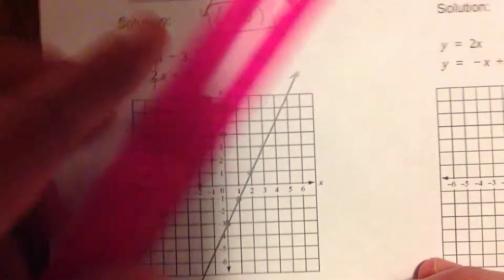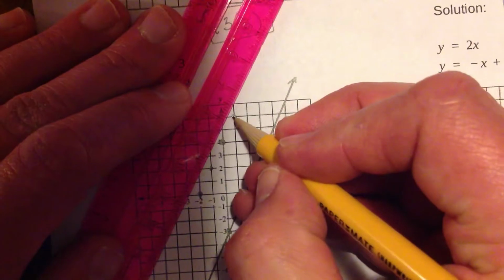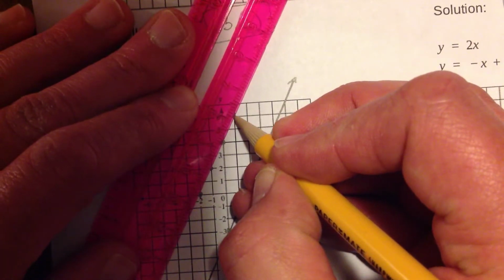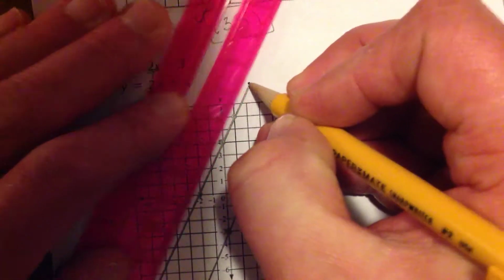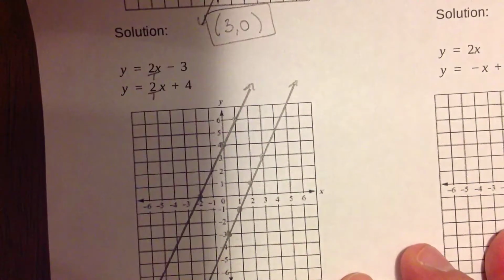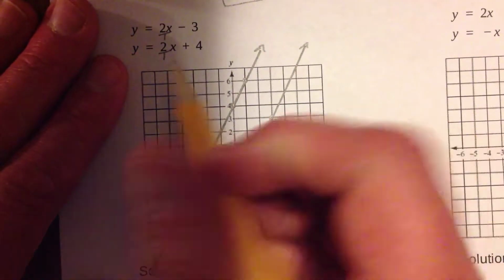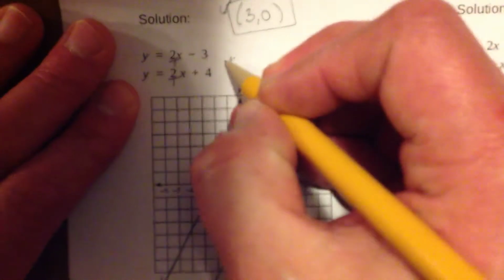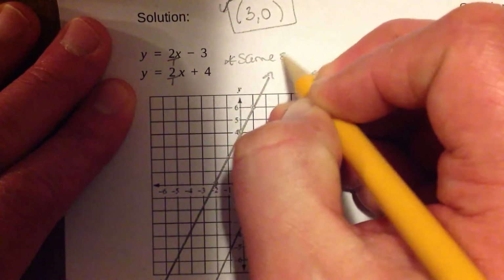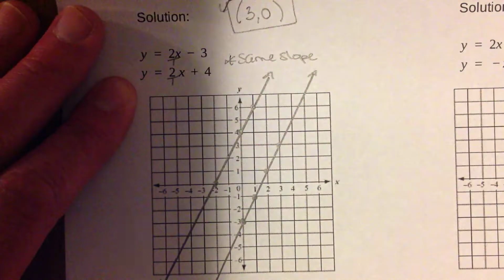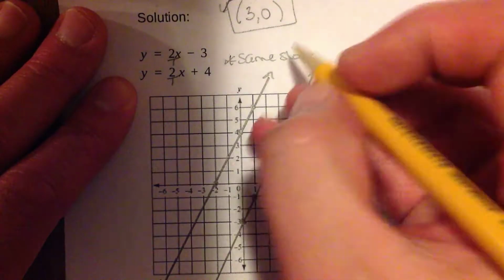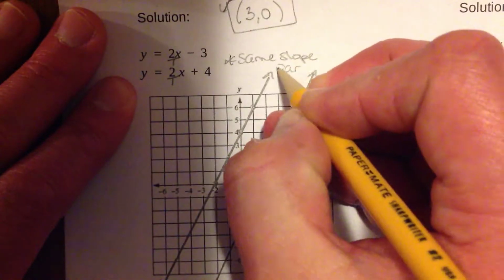Now, when I graph these two lines, you'll notice something. These two lines have the same exact slope. I'll put here same slope. And if you know anything about two lines that have the same slope, they're parallel.